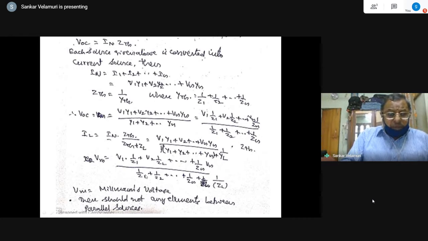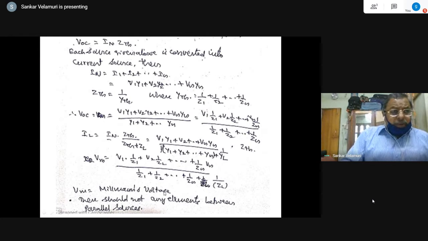So Y Thevenin is 1 by Z1 plus 1 by Z2 plus 1 by Zn. So it is replaced with a single voltage source, and you get directly the Millman's voltage. Direct computation of the Millman's voltage can be obtained like this. I will explain this through a numerical example or better illustration that you will observe.